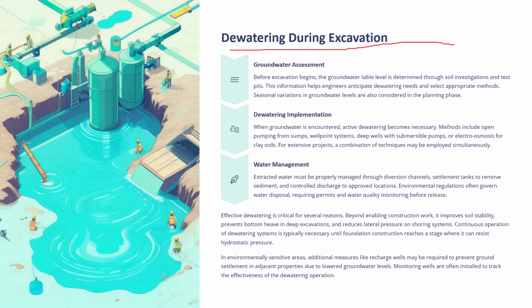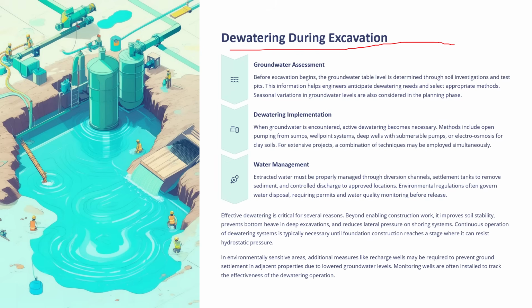Beyond enabling construction work, it improves soil stability, prevents bottom heave in deep excavation, and reduces lateral pressure on shoring systems. Continuous operation of the dewatering system is typically necessary until foundation construction reaches a stage where it can resist hydrostatic pressure.